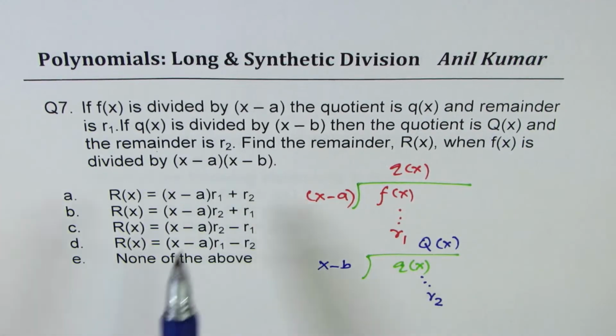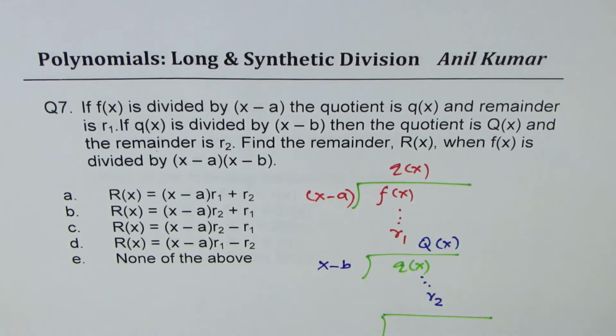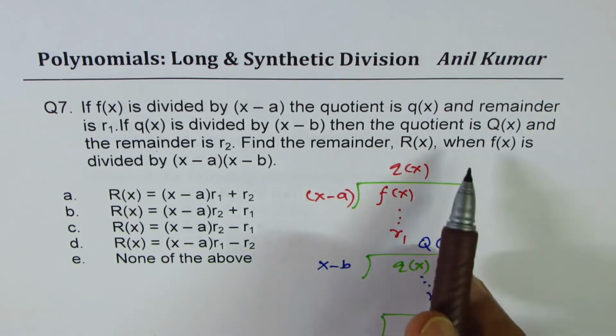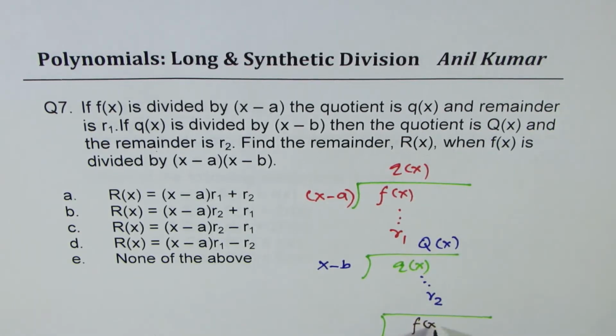That's the second statement. Find the remainder capital R of x, that means the remainder capital R of x when the function f of x is divided by x minus a times x minus b.